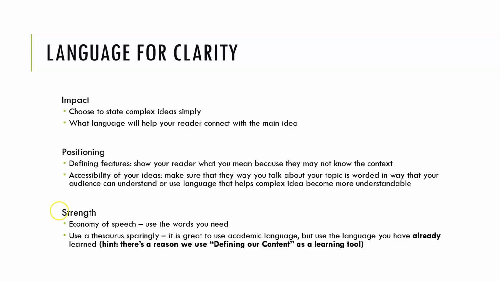So we want to make sure that the way that we talk about our topic is worded in a way that your audience can understand. Make what is complex more understandable. And last, we want to think about the strength of our language to offer clarity. There's a concept called economy of speech. Use the words that you need.